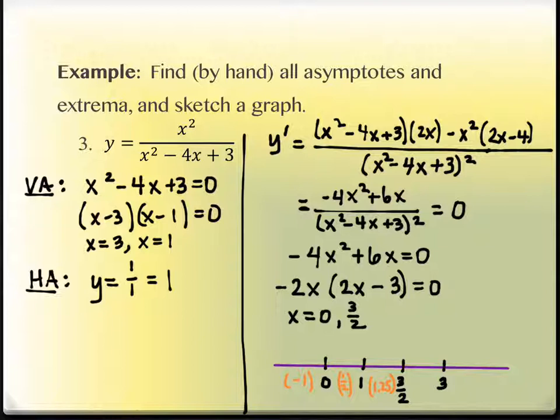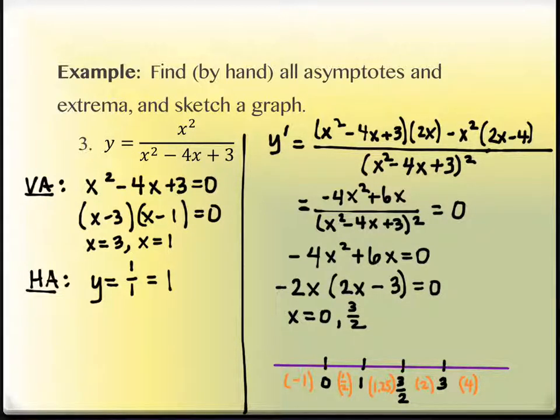How about between 3 halves and 3? 2's nice there. And then after 3? 4. All right. So we're going to plug those into what? The derivative, right?